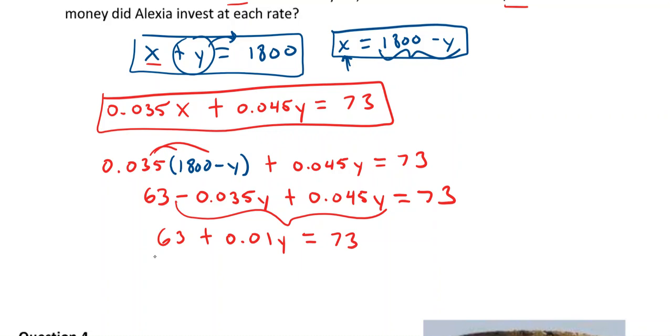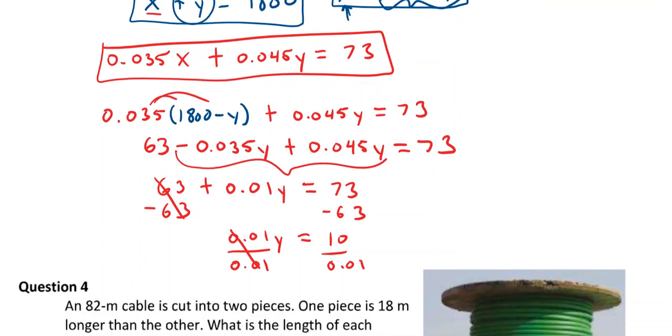Then I'm going to subtract 63 from both sides, so we get 0.01y is equal to 10. Then divide by 0.01, so y is equal to 1,000.